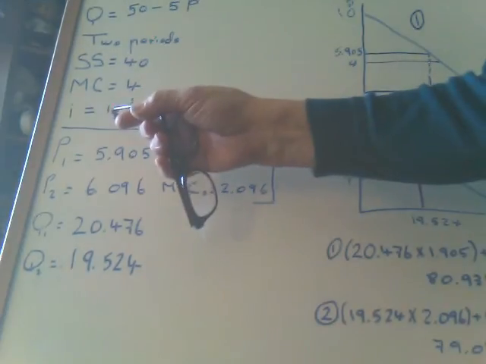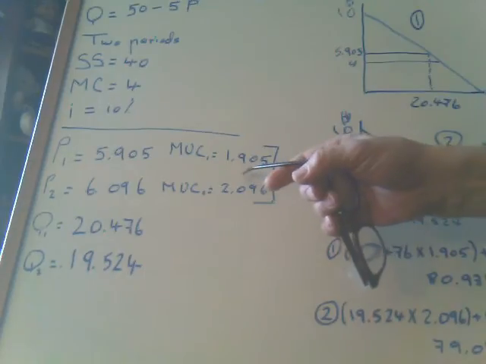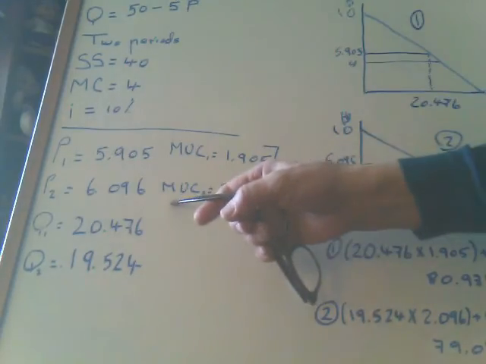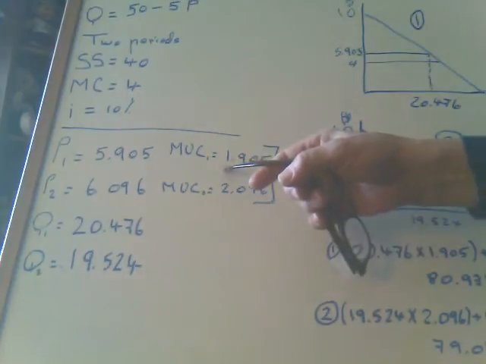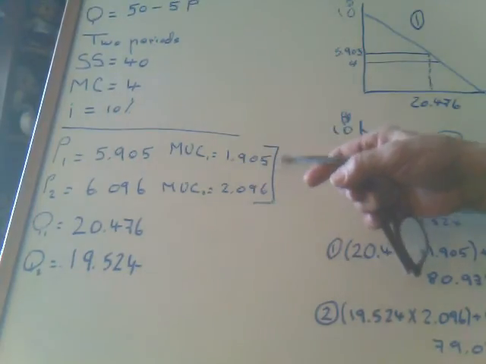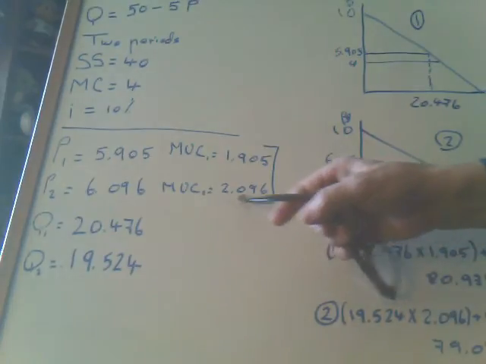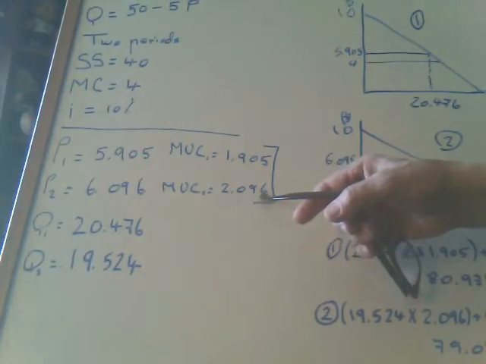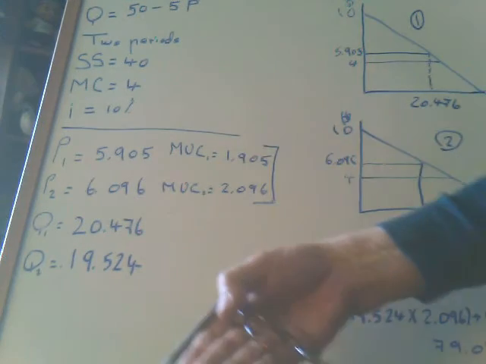Had we used a discount rate of 20%, then the marginal user cost during the second period would have increased by 1.905 times 1.2, which would have been closer to 2.2 over here. Plus 4, then this would have been probably 6.2.